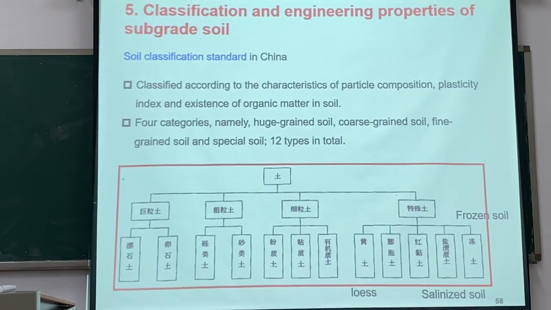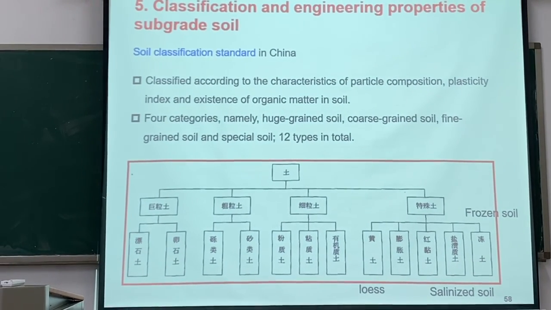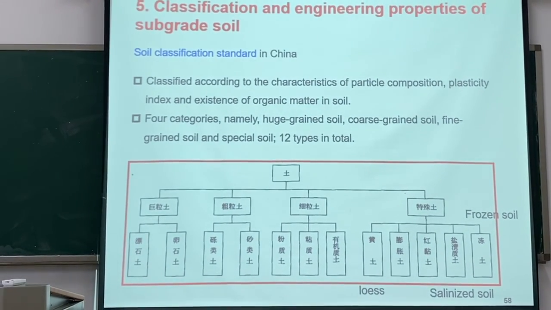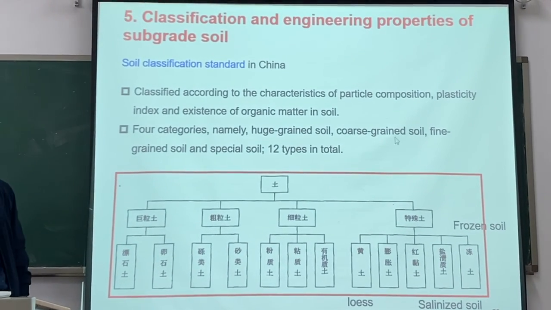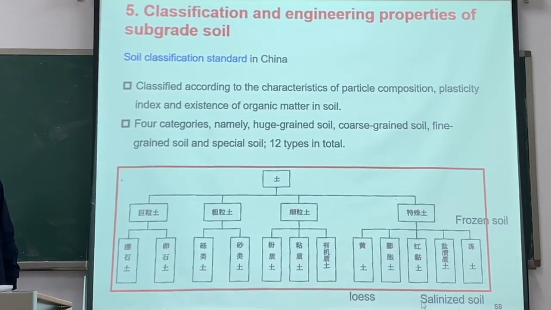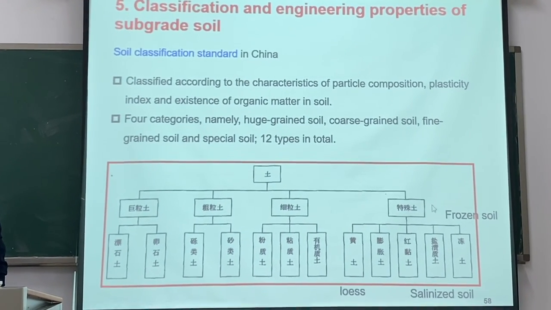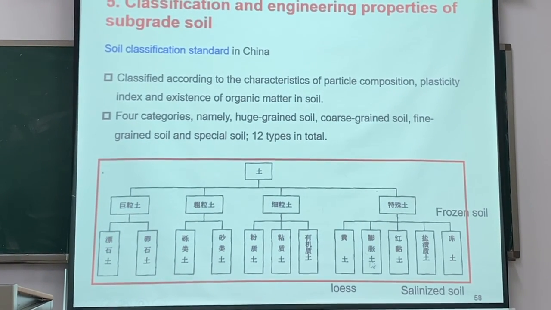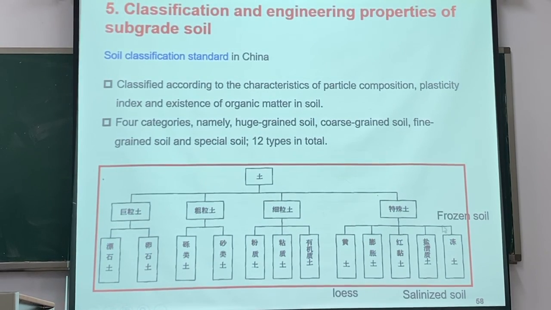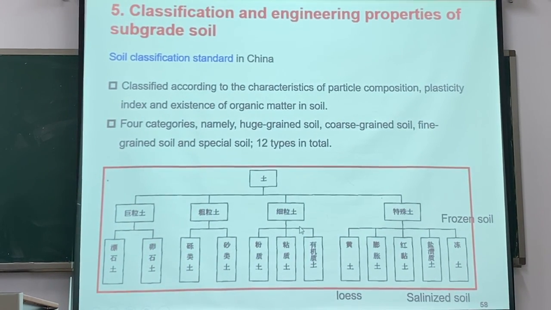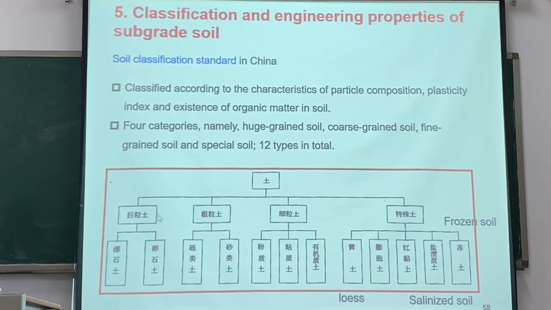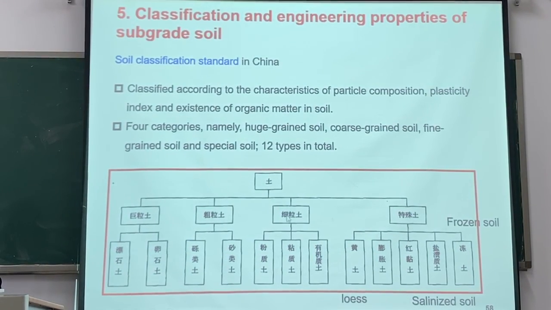In total, there are 12 types. Special soil includes soft soil, collapsible loess, frozen soil, swelling and expansive soil. And the others are boulder, coarse grained and fine grained soils.